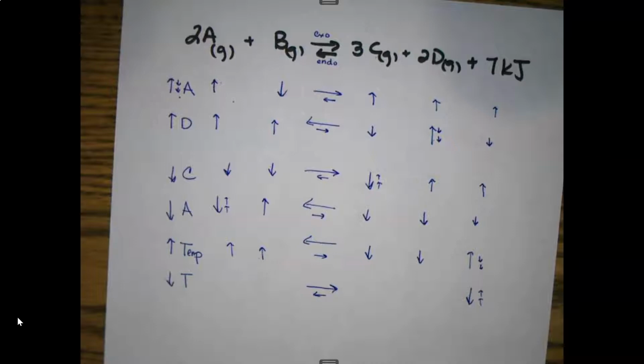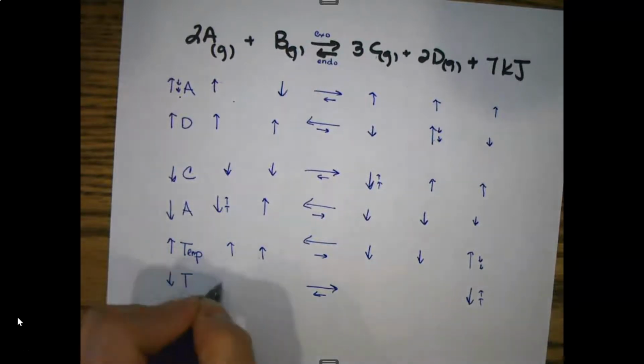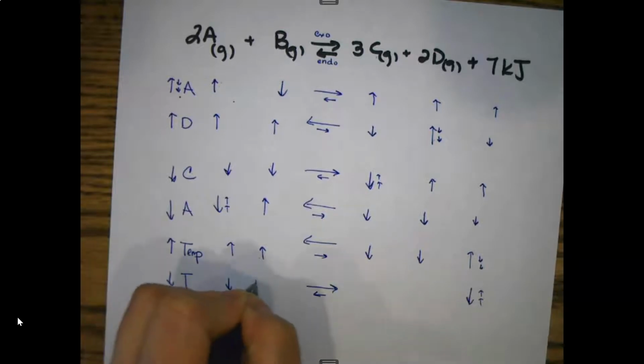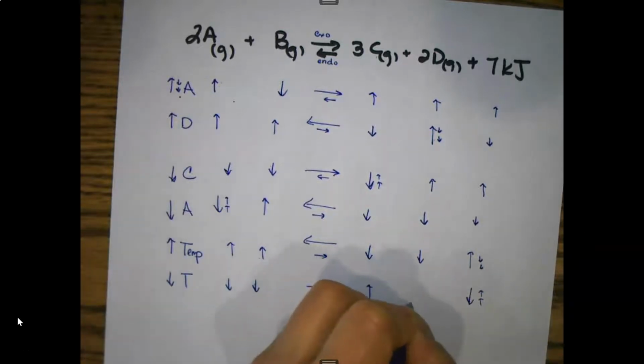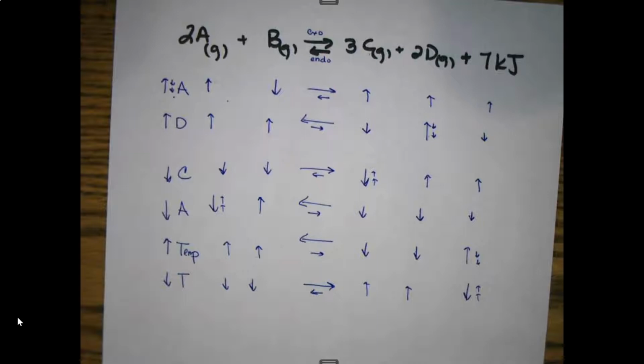It's going to favor the exothermic reaction to try and put those kilojoules back, which means everything on the left will go down and everything on the right will go up. Okay, so you can treat temperature just like concentration, except you've got to think about exo or endo, because a lot of times that's the focus that the question will have. All right, are we good with temperature, I hope?